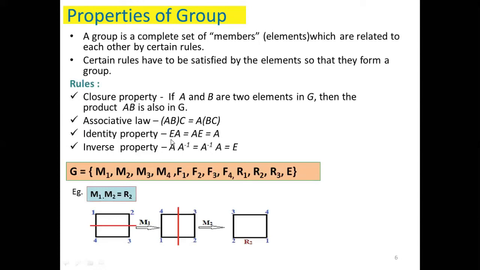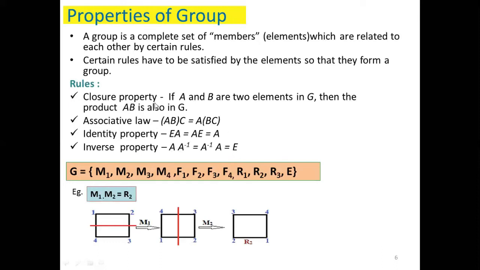We'll be discussing it in the next session. Now, what is the inverse property? Each element has its own inverse, which has the opposite effect of the other element. When we combine the inverse with the particular operation, then the resulting element will be the identity element.